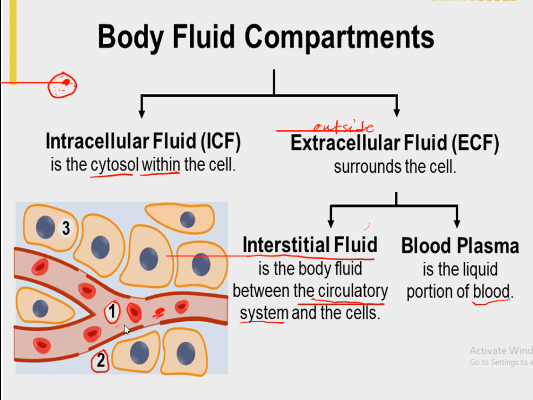And when I do centrifugation on that blood, any liquid that I see, after I get rid of the red blood cells, is called blood plasma. So blood plasma, which is part of the extracellular fluid, is just the liquid in blood. Interstitial fluid is any liquid outside the blood and outside the cell.